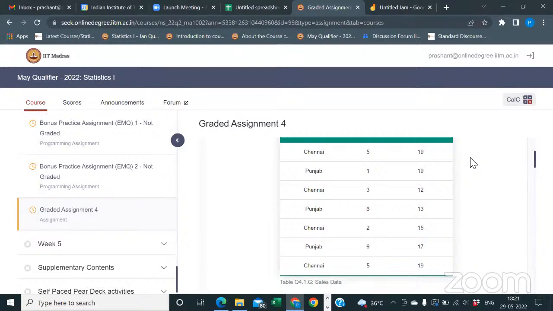There is no need of grouping the data. Sir, if Chennai 590 is coming two times, there can be two stores with the same sales. Should we keep one 590 or both? Keep both. Yes, thank you, sir.